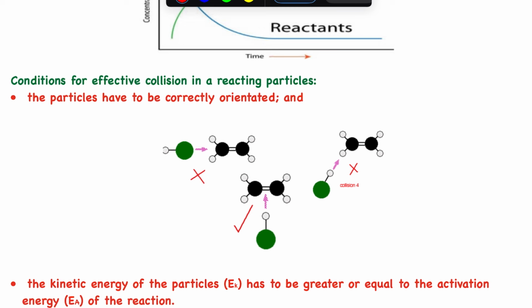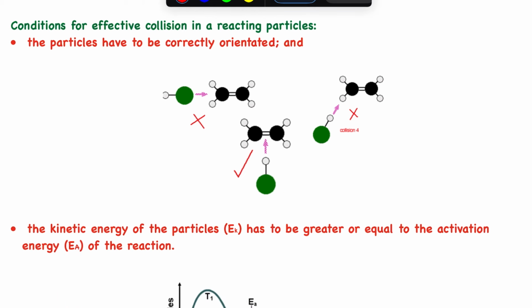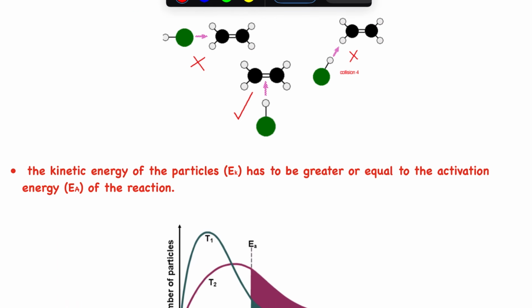The particles have to be correctly orientated. So the particles that are colliding, or the particles that are reacting, have to be correctly orientated. That's not correctly orientated. That's not correctly orientated. There has to be like that. The orientation is how they are facing each other while they're colliding.